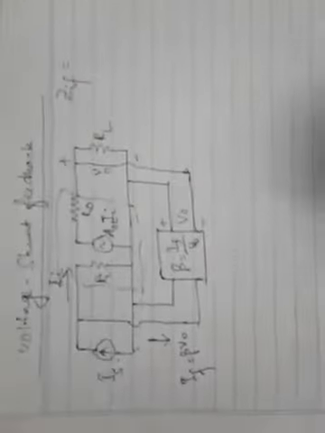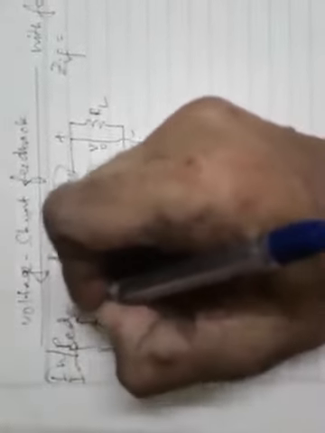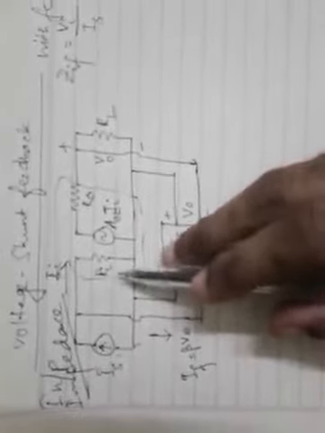Now from here, let us see what is this diagram's effect on the input impedance. So we can write ZIF, the input impedance with feedback, and we are finding the effect on input impedance. ZIF can be written as Vi by Is, because Is is the input current and Vi is the input voltage.